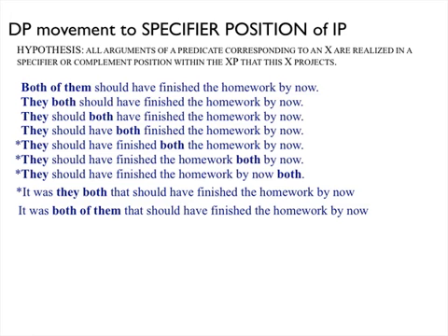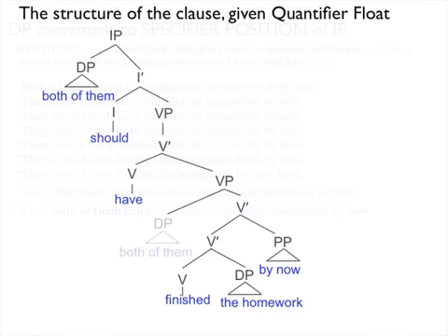Although you could say "they both should have finished the homework," you can't say "it was they both that should have finished," can you? No, you can't ever do that. What you'd have to say is "it was both of them that should have finished the homework," right?